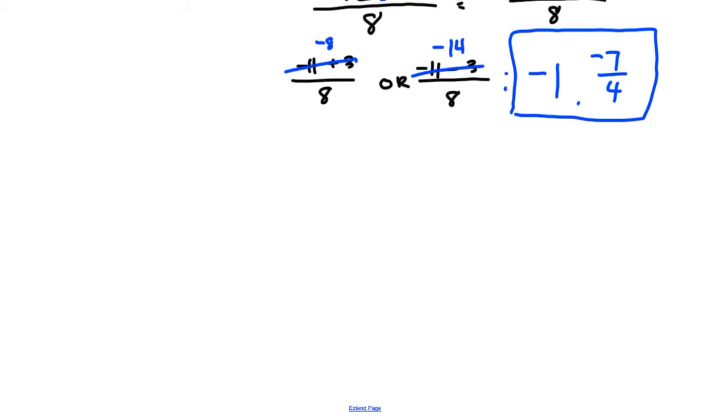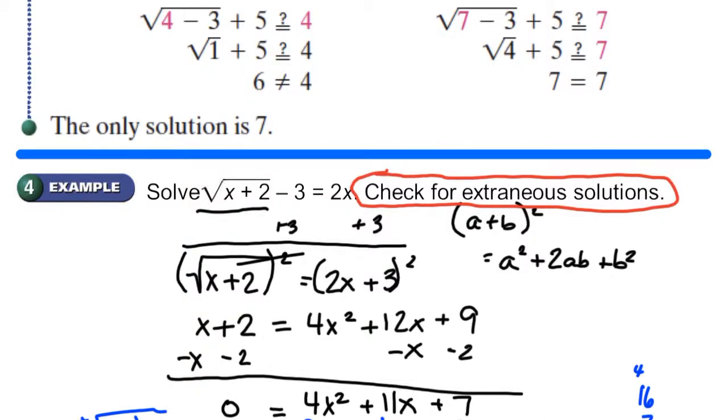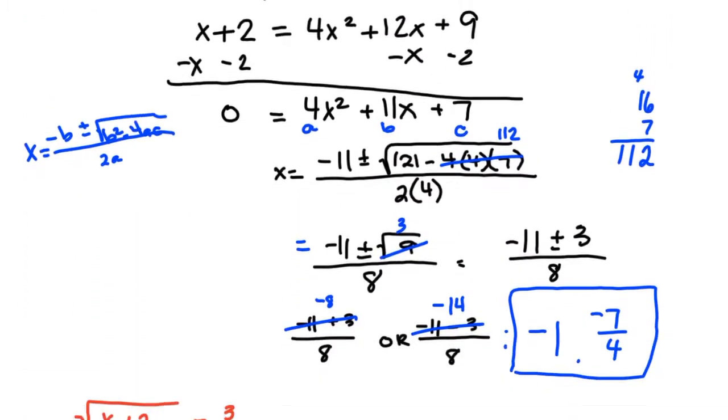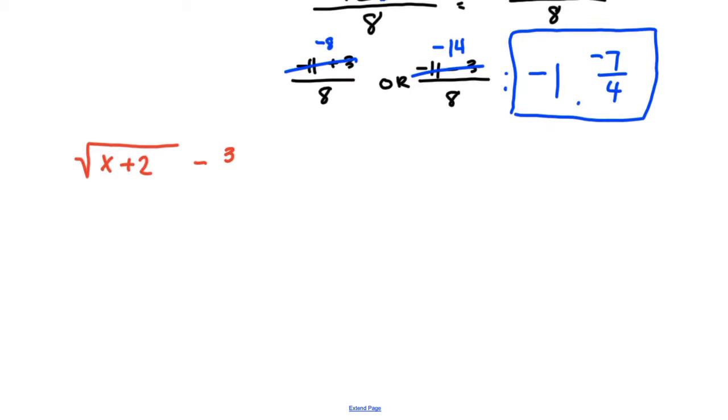So we've got the square root of x plus 2 minus 3. Is that right? The square root of x plus 2 minus 3 equals 2x. Okay, I want to rewrite this so it's just a little bit cleaner. So we have the square root of x plus 2 minus 3 equals 2x.